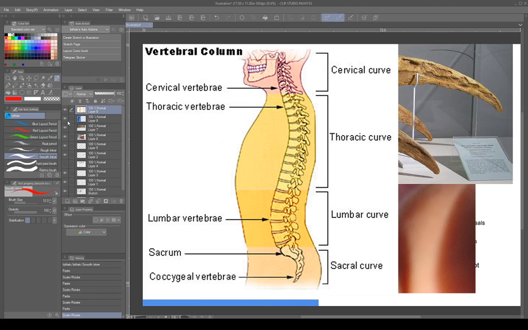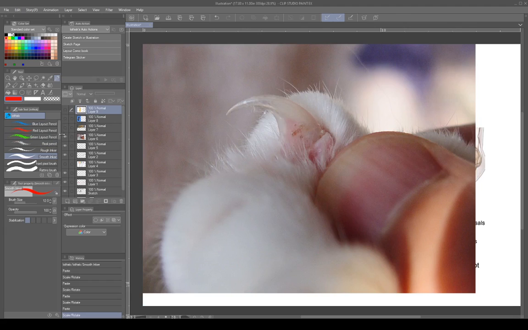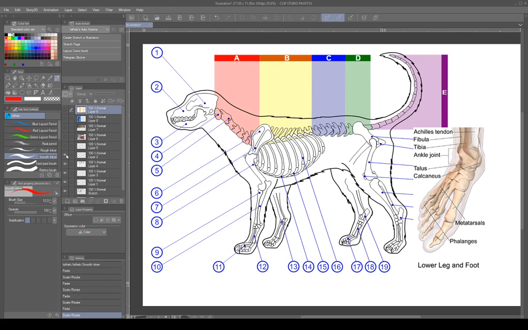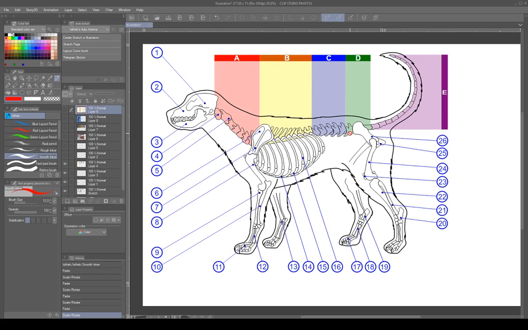I can pull up the old image here. We'll just go back to this one. And so we can see that these have been labeled in the dog skeleton as well, right? So we've got this A area. These are the cervical vertebrae. And then here are the thoracic vertebrae. And then the lumbar. And then we've got the pelvic vertebrae.